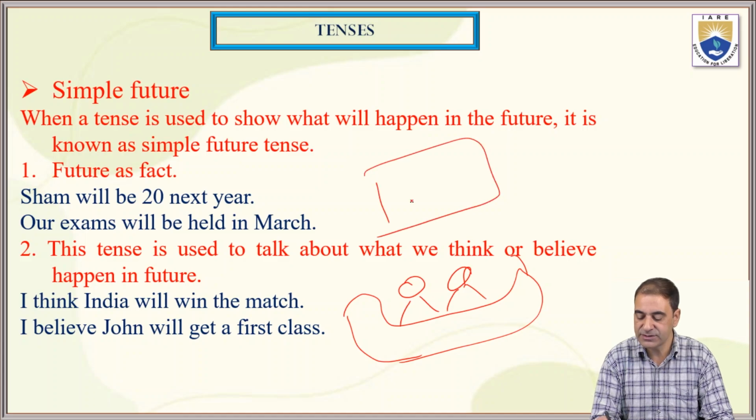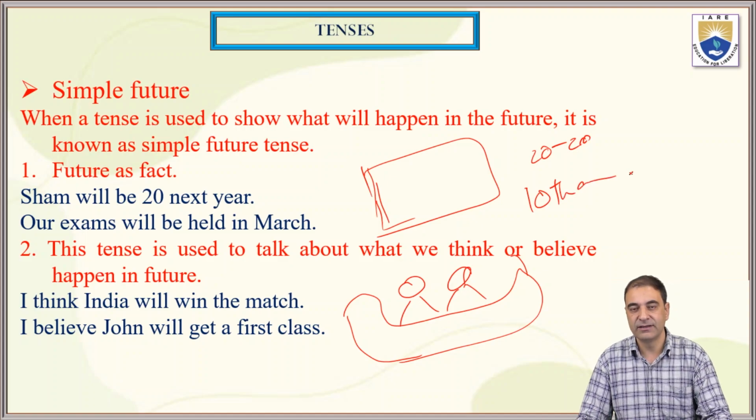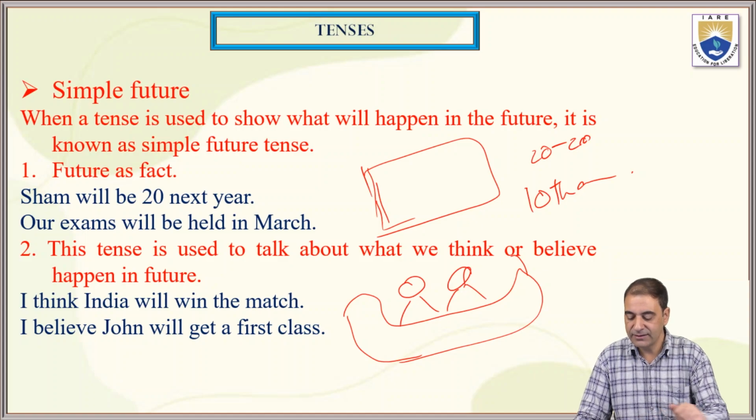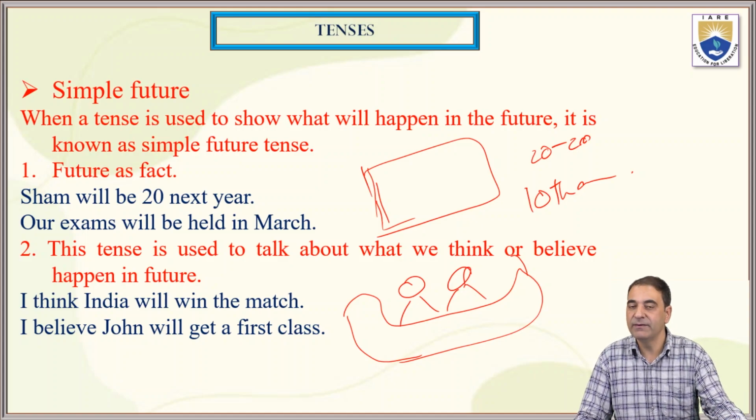We're watching this match on TV, and it's a T20 match. The match right now is in the 10th over, and there are 10 more overs to go. Okay, and right now I'm telling my brother, I think India will win the match.